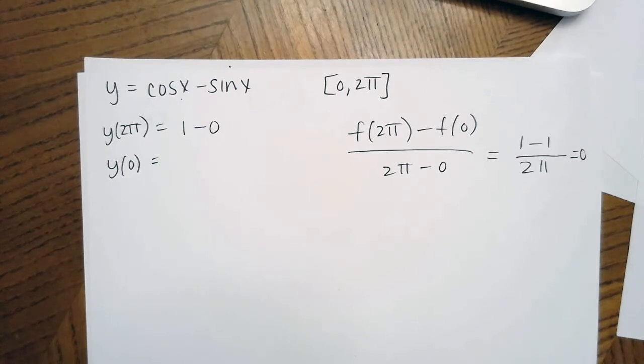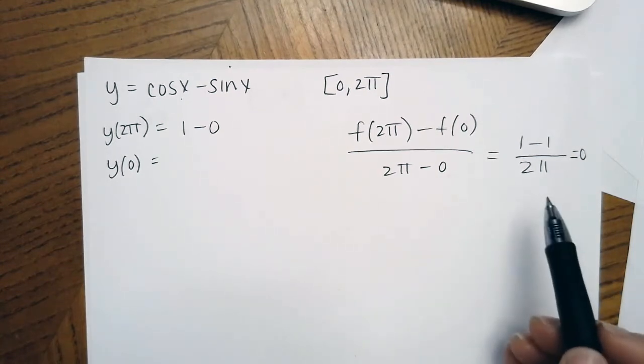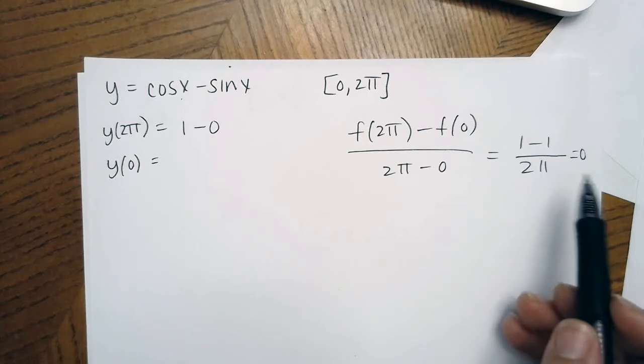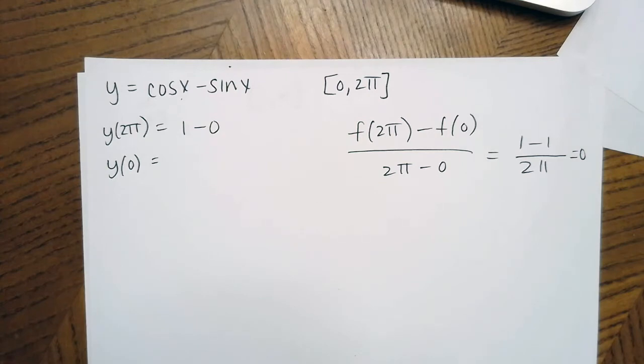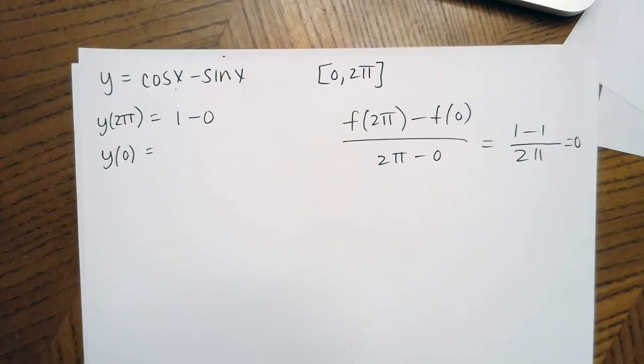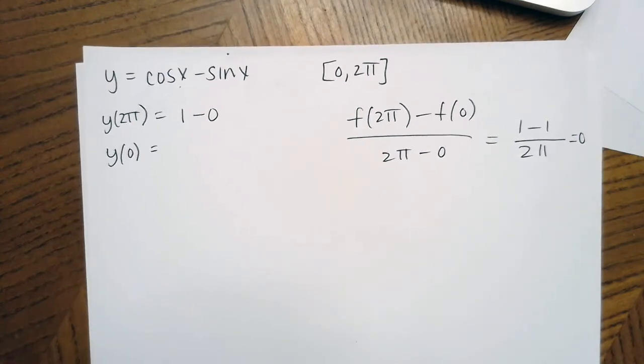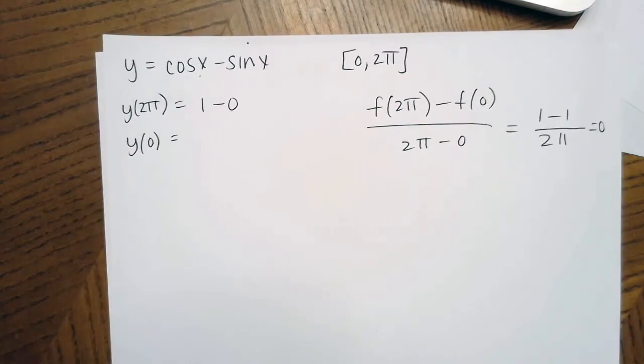Technically speaking, this is Rolle's theorem, right? Because we found that the slope between these two points is horizontal, and so technically we have Rolle's theorem, which is just a very specific case of the mean value theorem. So we can still use whichever we'd like to call it at the time. I guess we'll call it the Rolle's version of the mean value theorem.